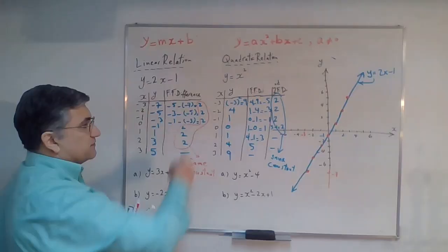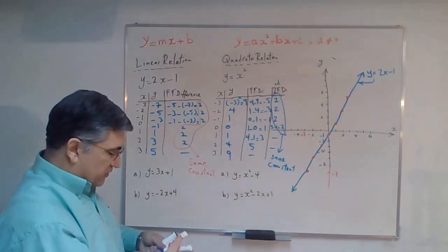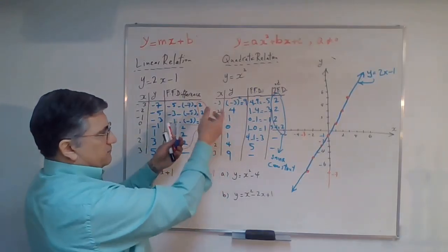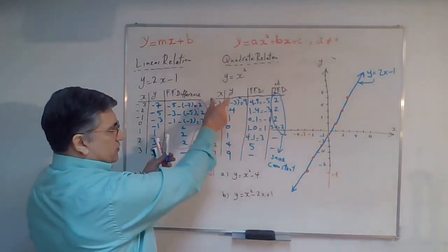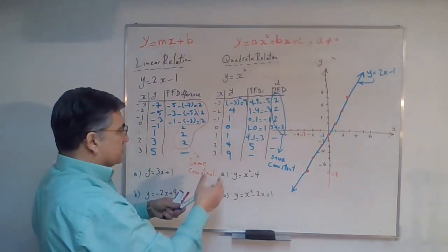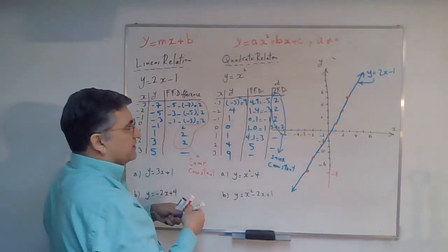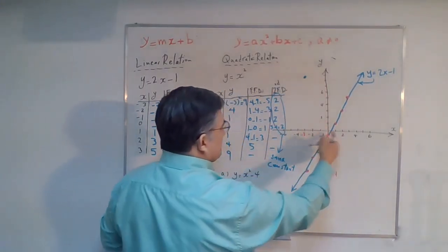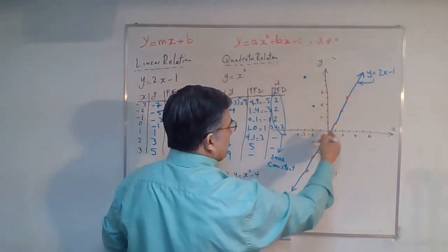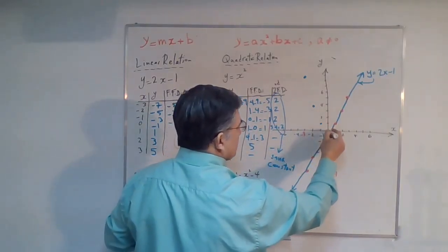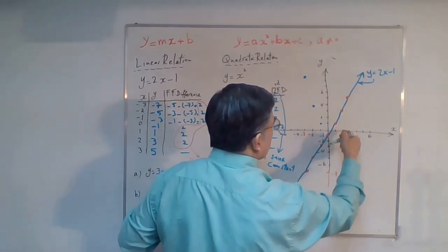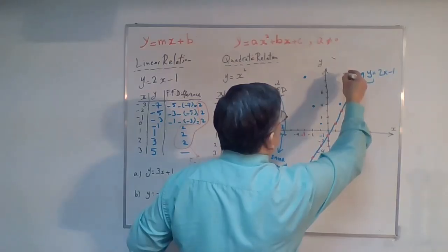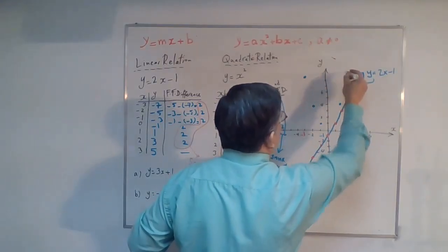Now, the other graph, the quadratic relation. If I just plot the points using the constructed table of values, I have -3 and 9. So -3 is here, 9 is up there, -2 and 4 is here, -1 and 1, 0, 0, and 1 and 1, 2 and 4 is here, and 3 and 9 back again is up there.